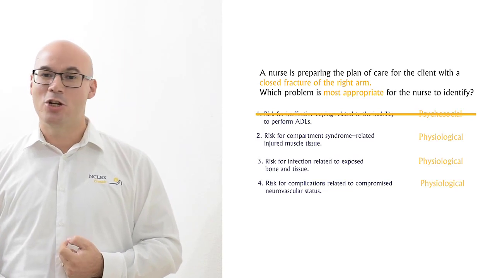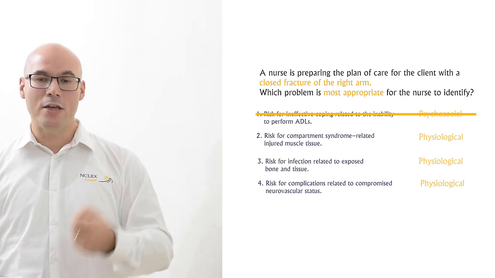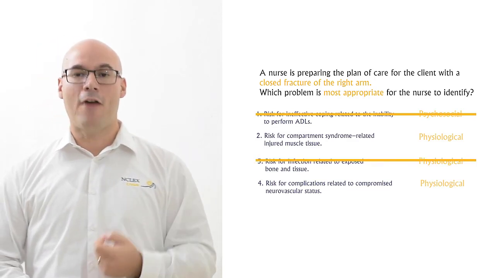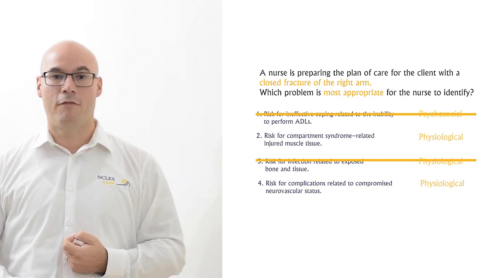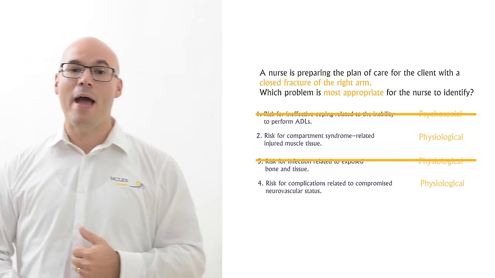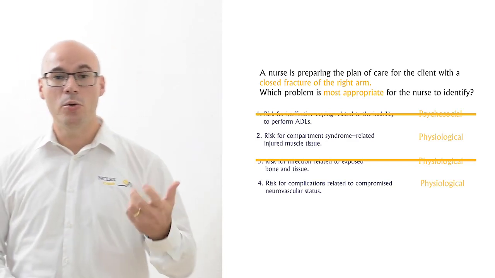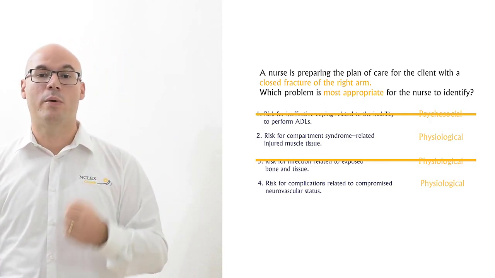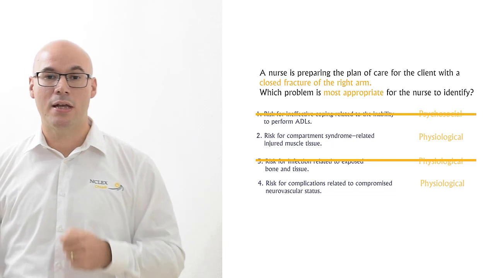This answer does not apply because the question stem states that the patient has a closed fracture, not an open fracture. Number 3, bye-bye. So now I have answer number 2 and answer number 4 to identify which one is the most appropriate.